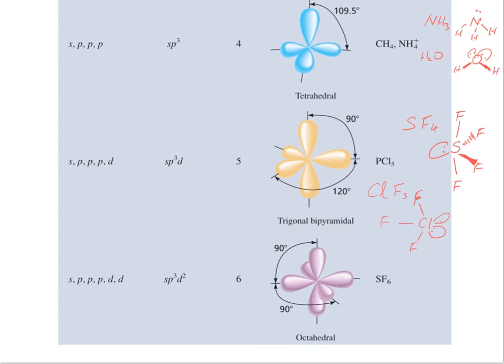Another case is xenon difluoride. The Lewis structure of this molecule has xenon with three lone pairs and two single bonds.